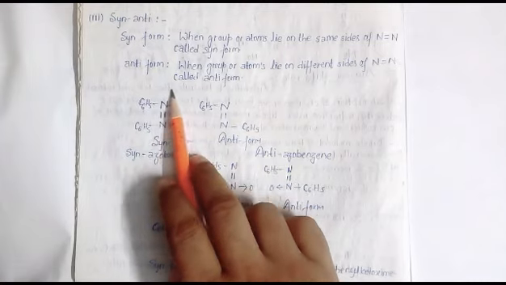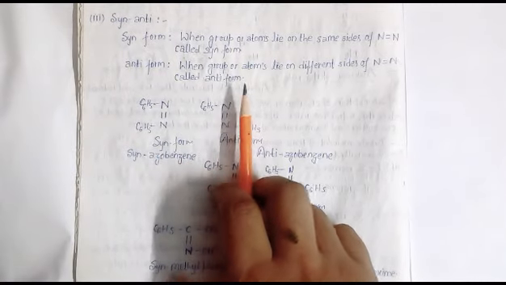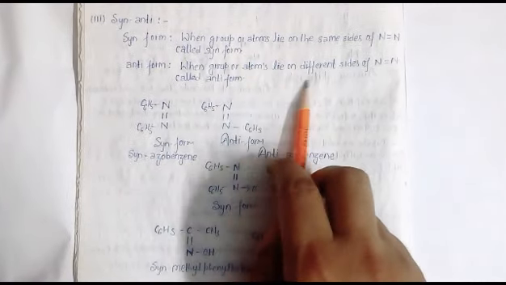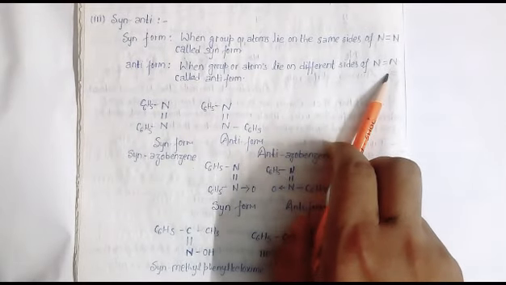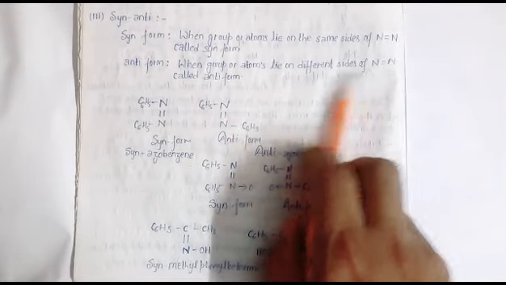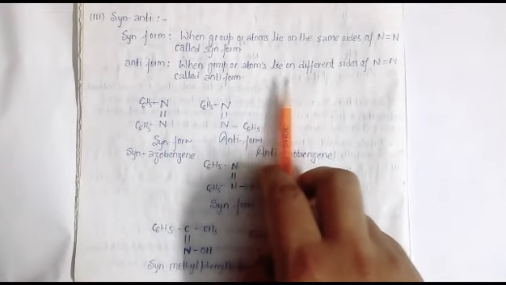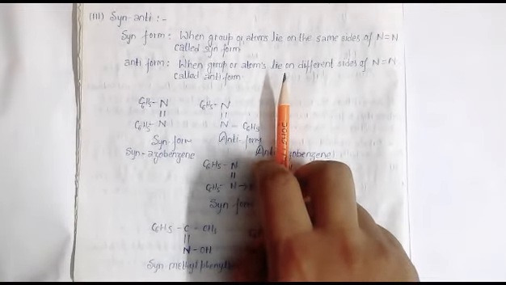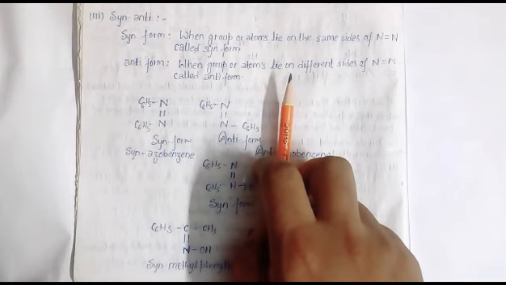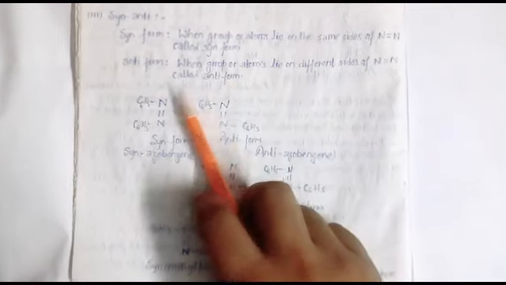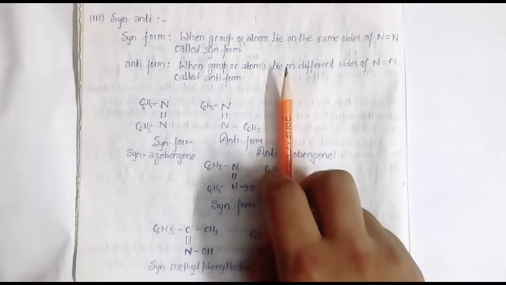Next one is anti form, when groups of atoms or atoms simply lie on different sides of doubly bonded nitrogen or doubly bonded carbon and nitrogen, that is called anti form, and this is equivalent to trans form. This is nothing hard, only the term is different. Syn is equivalent to cis and anti is equivalent to trans.